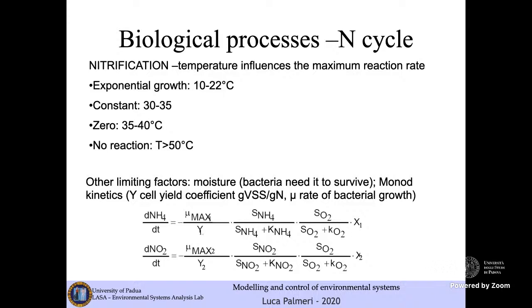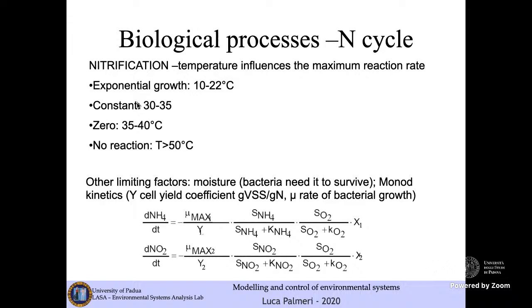Nitrification is strongly influenced by temperature, so the maximum reaction rate depends on the environmental conditions in which we are, essentially the temperature conditions.